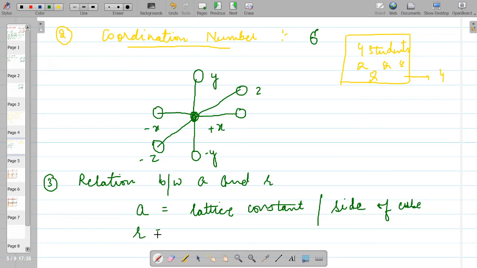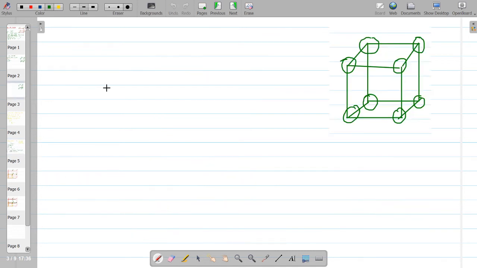And as you know, all the atoms are spherical in nature. So as they are spherical, they must have some radius. So here R represents the radius of an atom. The third property is, we have to find out the relation between A and R, that is how they are related.